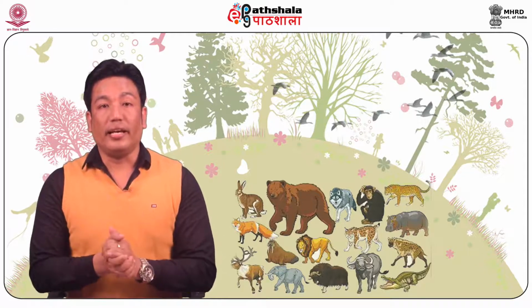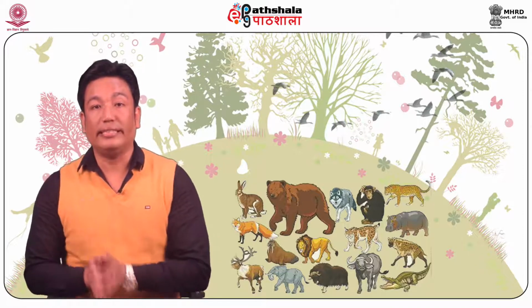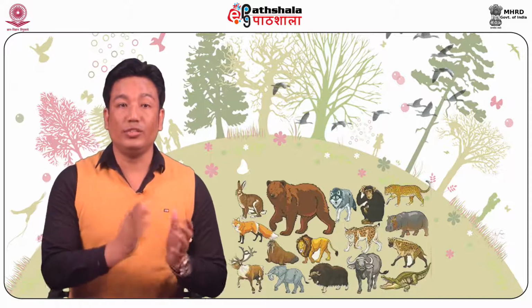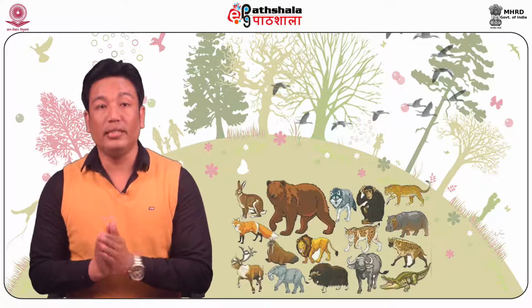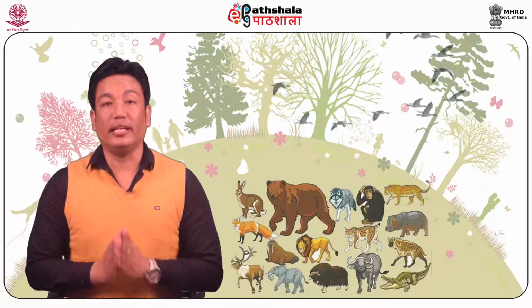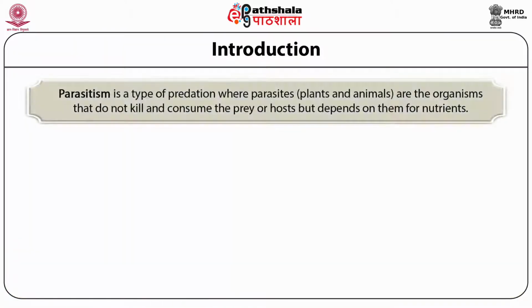These eggs hatch into larvae that feed on the tissues of the host insect, which is subsequently killed and eaten by the insect parasitoid. Parasitism is a type of predation where parasites, plants and animals are organisms that do not kill and consume the prey or host but depend on them for nutrients.